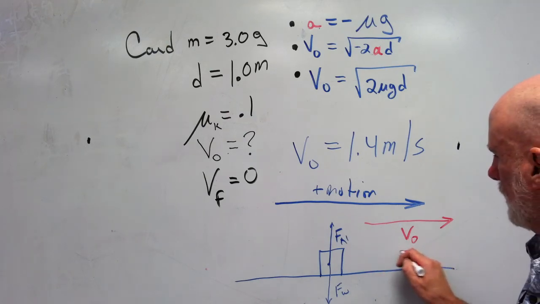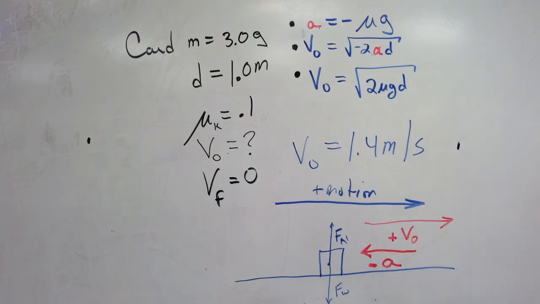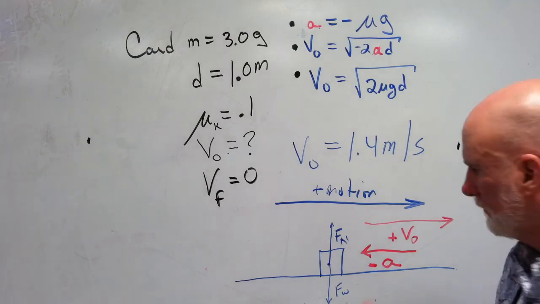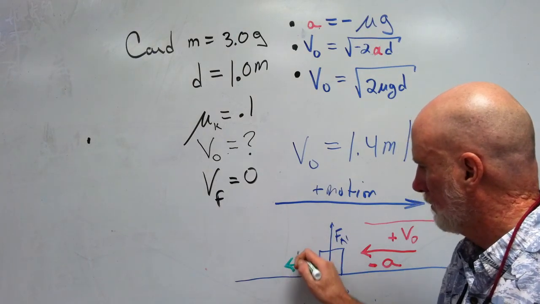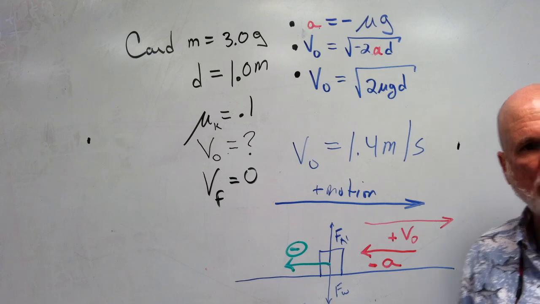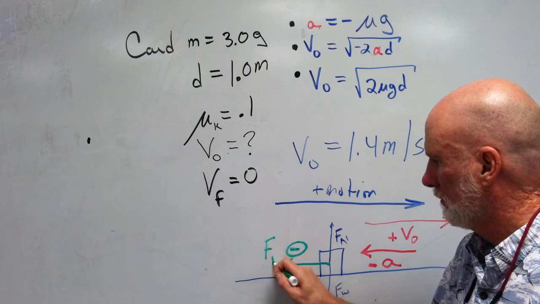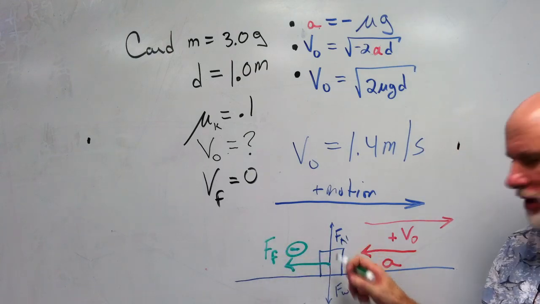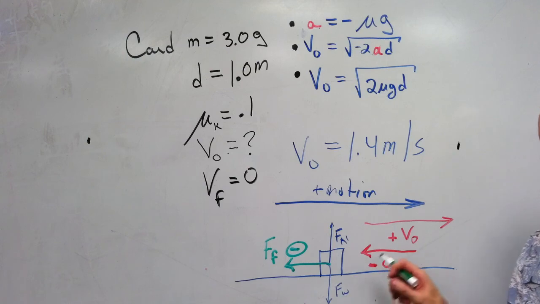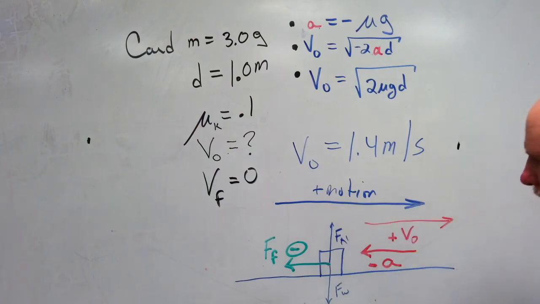Here I have my acceleration, negative. Correct? Here I have my friction, negative. So I have several vectors here: my friction, my normal force, my weight, my acceleration, my initial velocity, and my motion in that direction. Easy? There you have it.